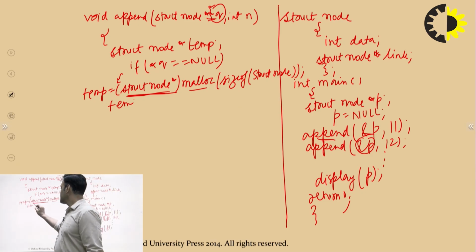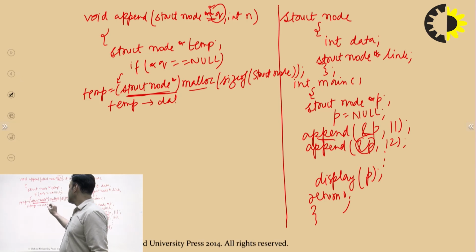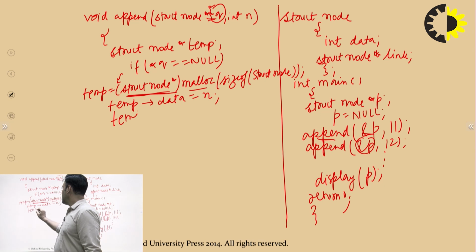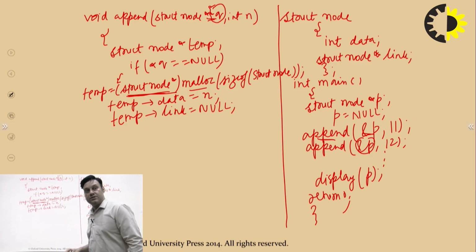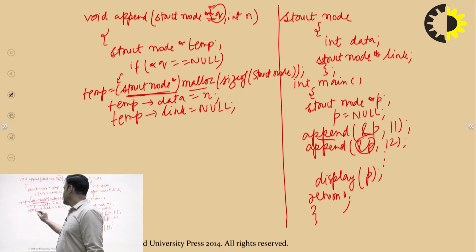So the data part of temp will have the value n that will come, and the link part will have null. Right? Now this is how we have created the node. After creating this node, the value of temp will come into star q.